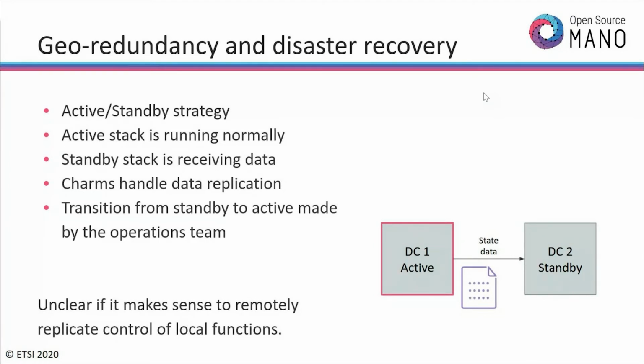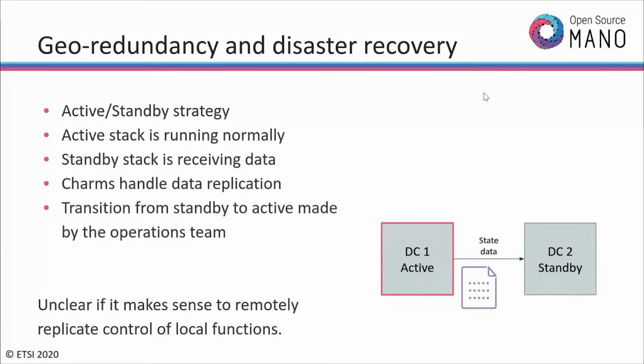Telcos are mandated in a lot of places to have a full 100% replica of all functions, so that the loss of a single instance of all functions will not result in a loss of service. It may result in a degradation of service, but it cannot result in a loss of service.